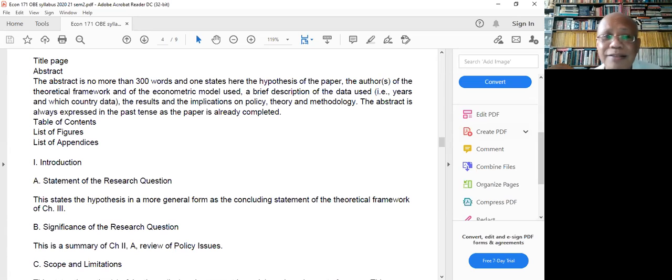In the next part, after your dedication page, the next part is also optional, nasa sa'yo, the acknowledgements. Acknowledgements, all caps, and then you write down. Here, you can refer to yourself in the first person.